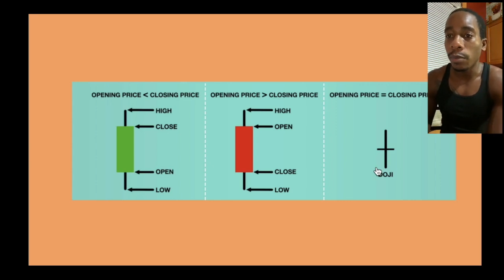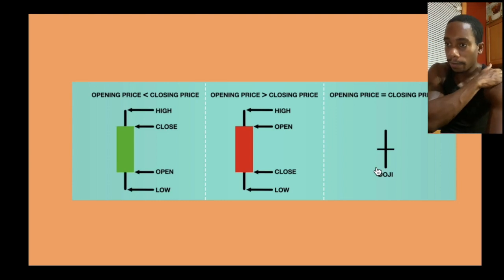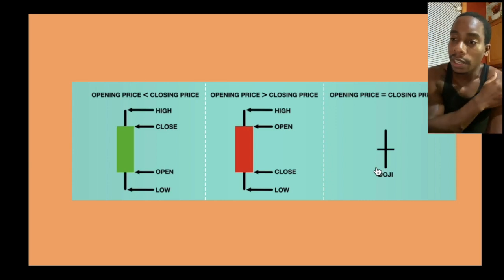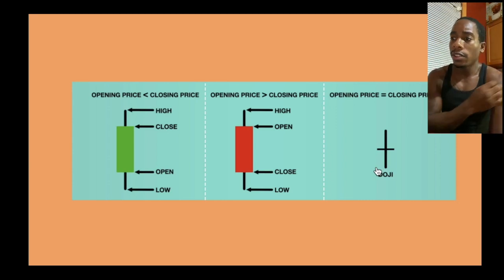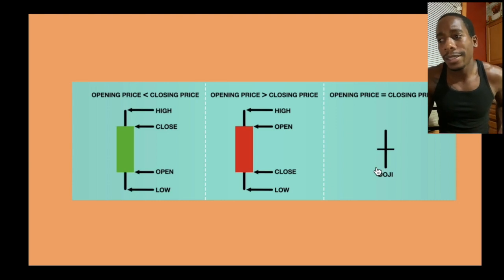So here's an example, looking at the left, right? You have a bullish candlestick in the green. Next, you have a bearish candlestick in the red, and you have a neutral.